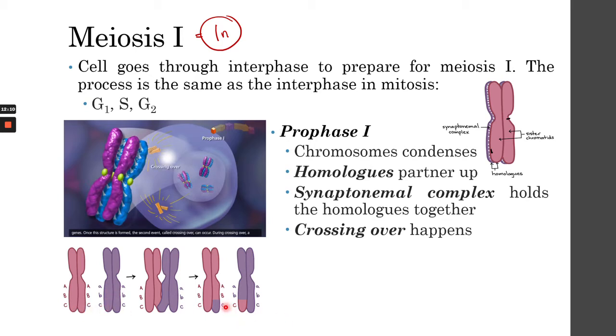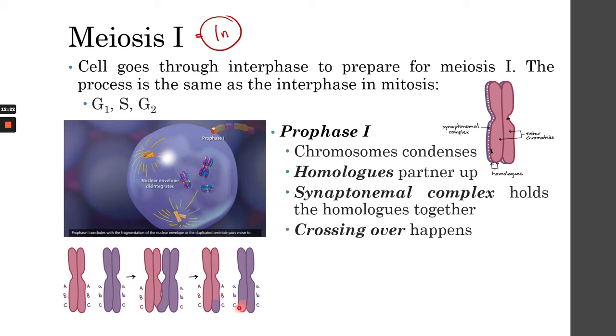As an example here, the C gene from one of the homologs switches with the C gene of the other homolog. This is what we call crossing over, and this is very important for diversity.